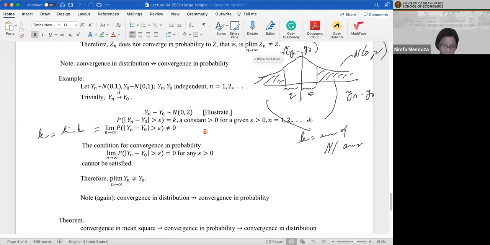So the definition for convergence in probability is not satisfied. Therefore, the p-lim of y sub n is not equal to y sub 0.